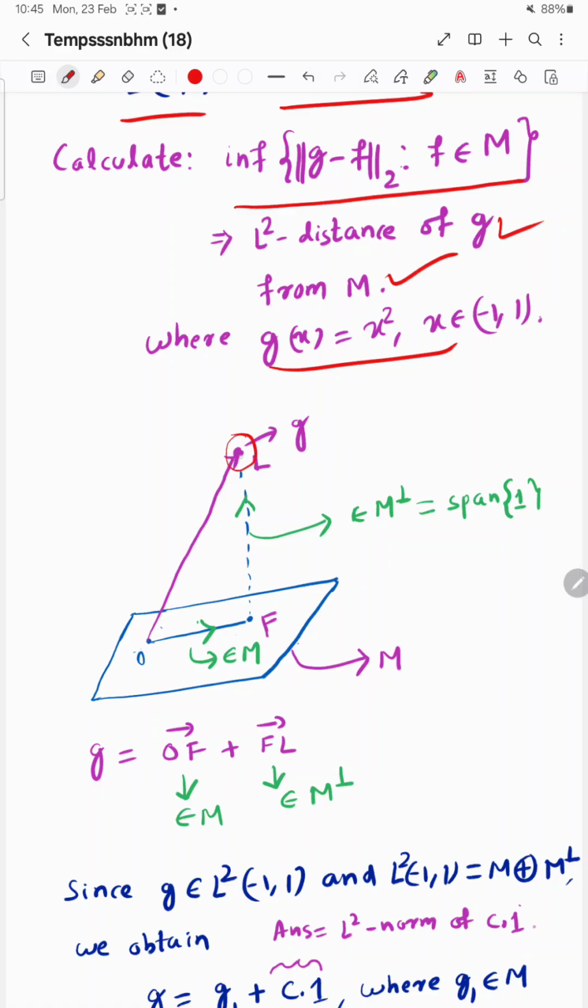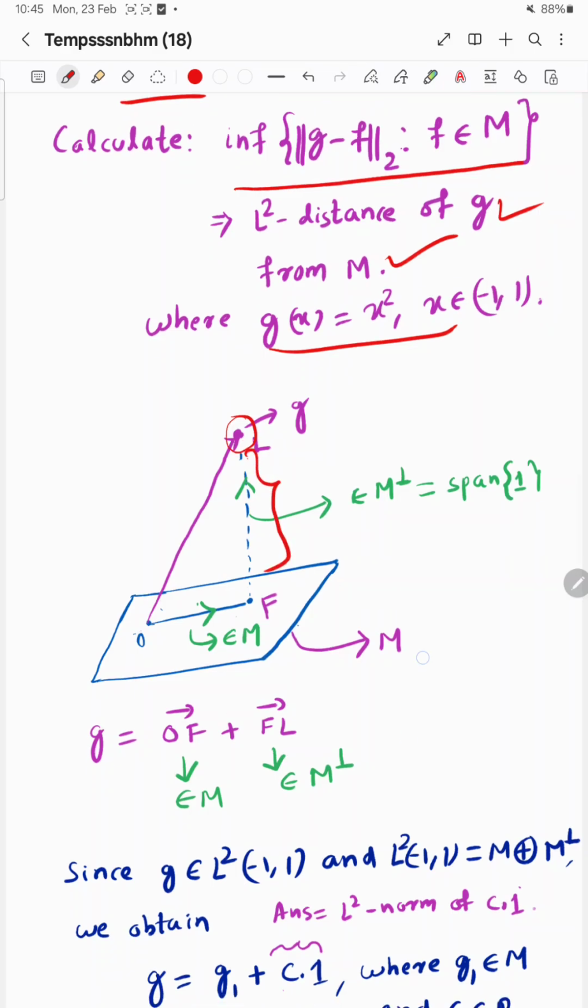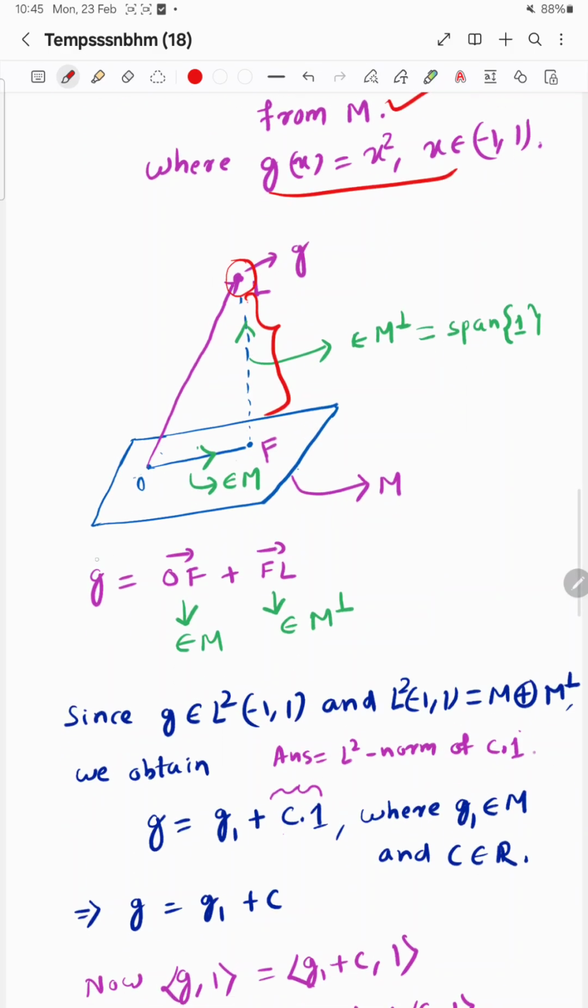If we project this element g onto the set M, our target is to calculate this length. I have already told that if we can write g in this form, where this element belongs to M and this element belongs to M perp, then our required distance is the L2 norm of this vector.